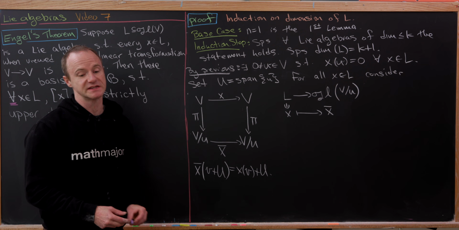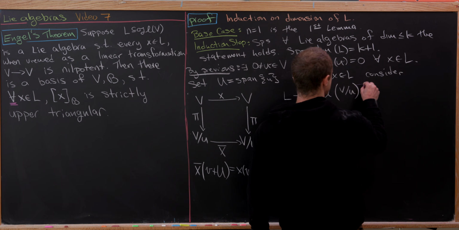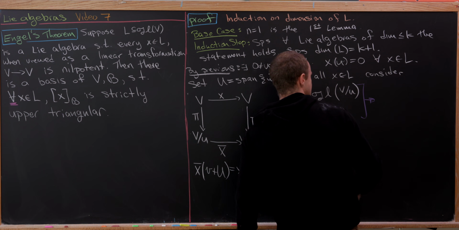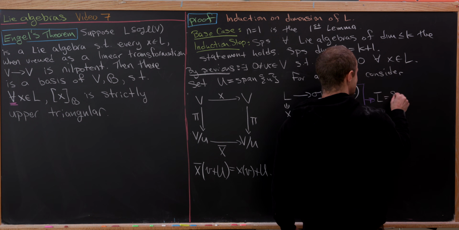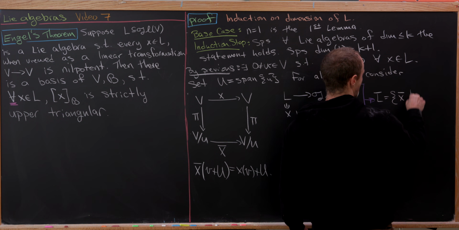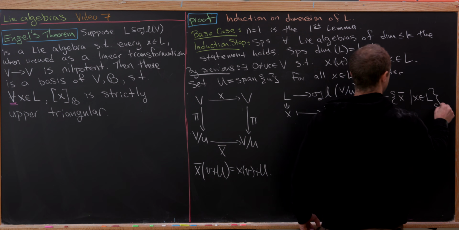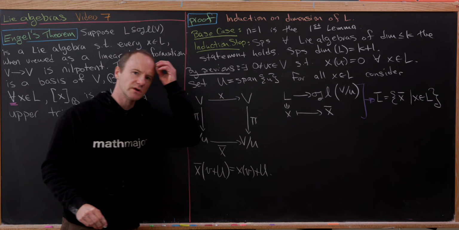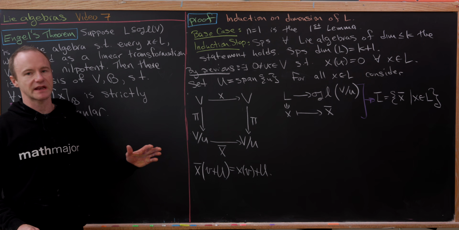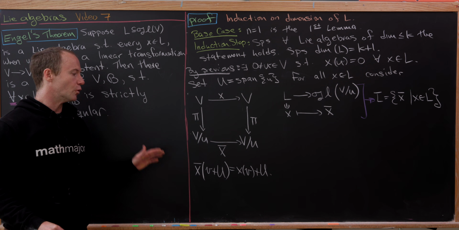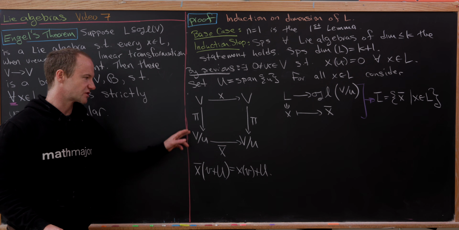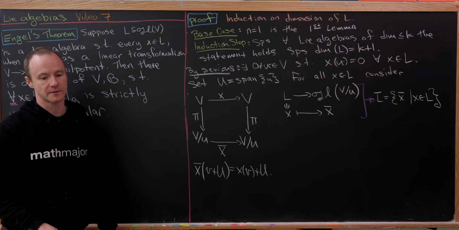I won't prove that, but that's pretty easy. And then let's introduce some more notation. Let's say that L bar is the image here. So it's every x bar as x runs through all elements of L. It's like the version of the linear transformation x when applied via this quotienting diagram.